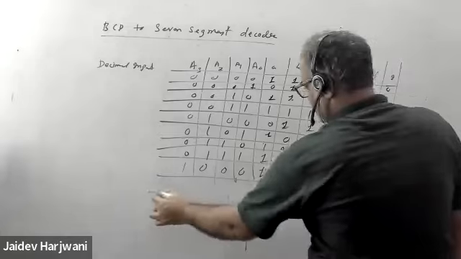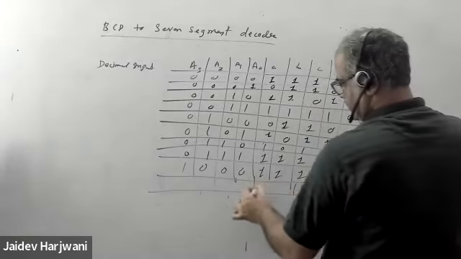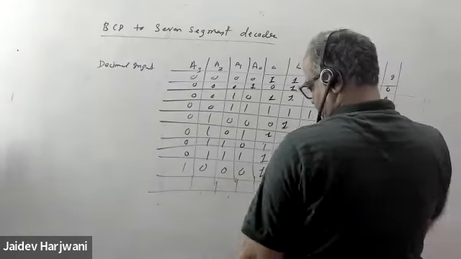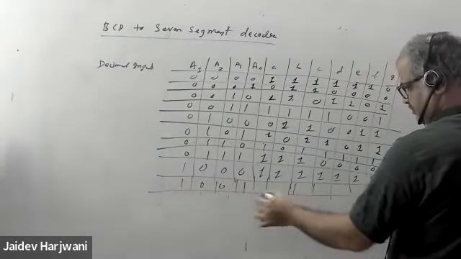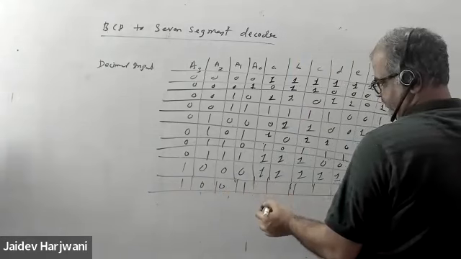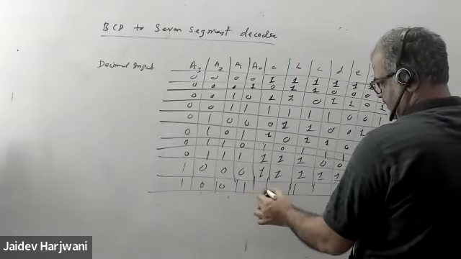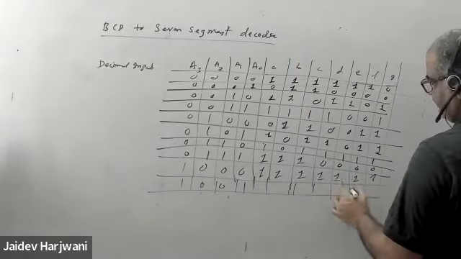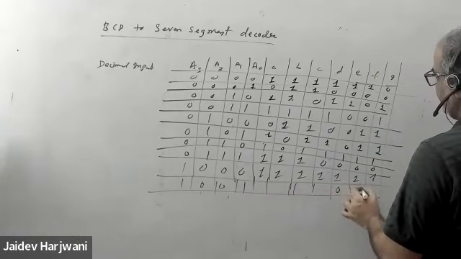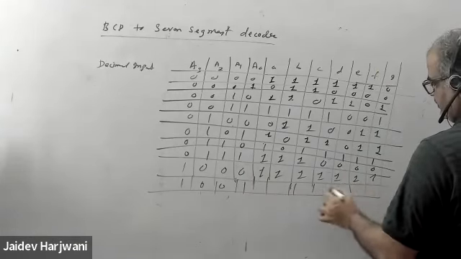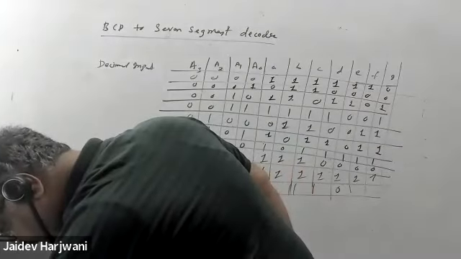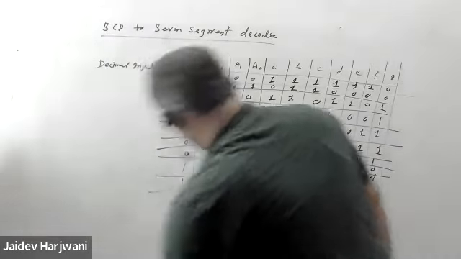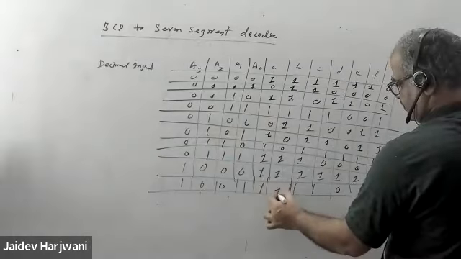Now next is 9. 9 is 1, 0, 0, 1. What should I write? E is 0, all others are 1.